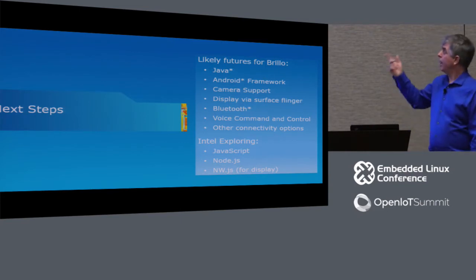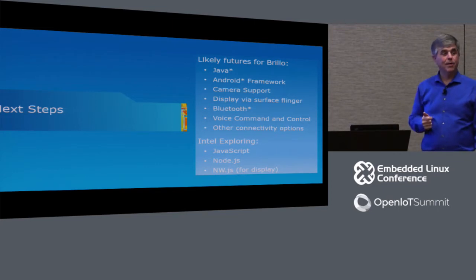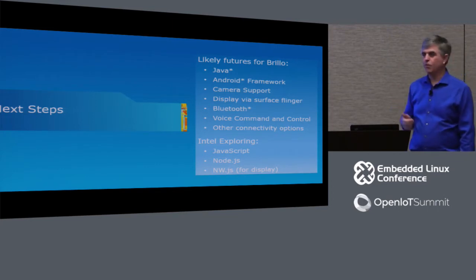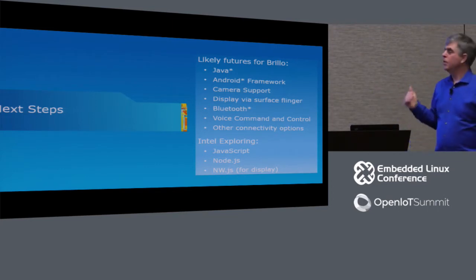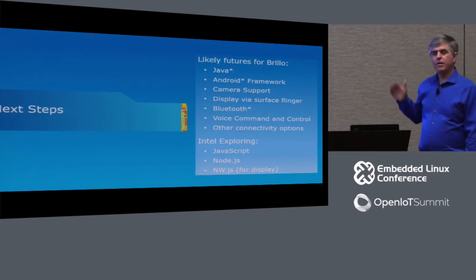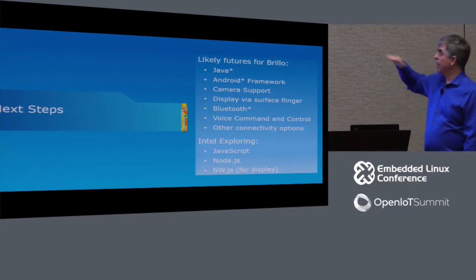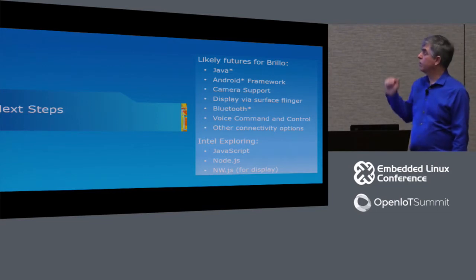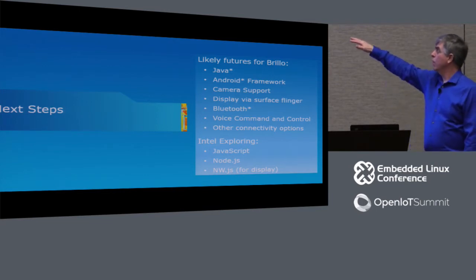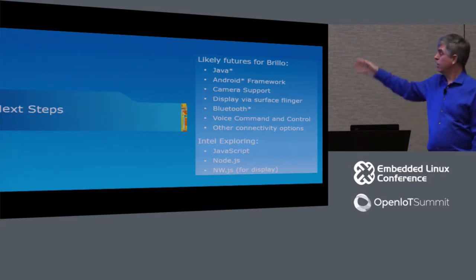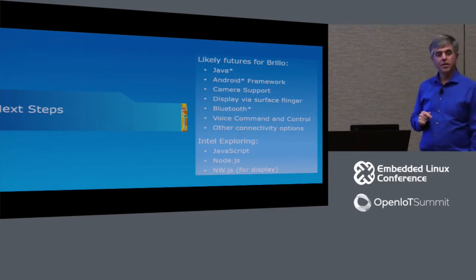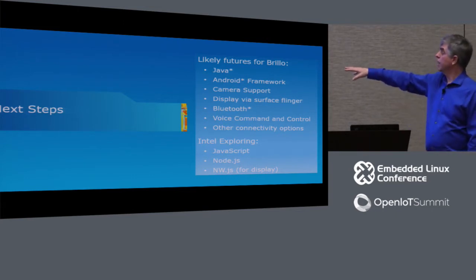It might be putting ads up there to reorder soap for your washing machine, what have you. So simple kind of web interactivity is where, at least in my mind, the display is going to be for Brillo. Although Surface Flinger can be used, there are alternatives, such as I mentioned at the bottom there, nw.js, which is kind of an interesting way to consider doing your display.